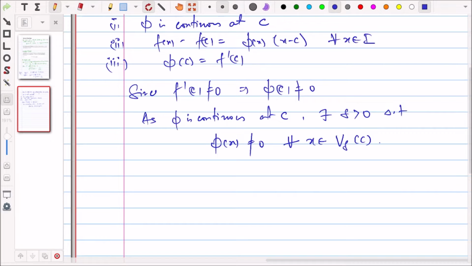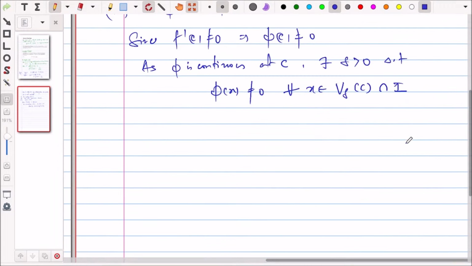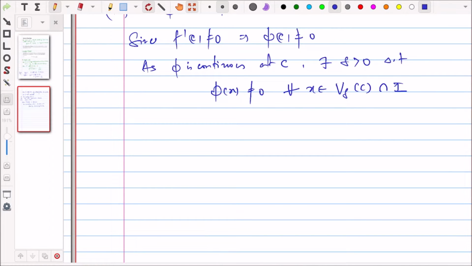Is it fine? इंटरसेक्शन I भी कर दो बिकॉज डोमेन में भी x होना चाहिए हमारा, सो वी डेल्टा सी इंटरसेक्शन I. ठीक है, is it fine? Is it clear everyone? Is it clear?